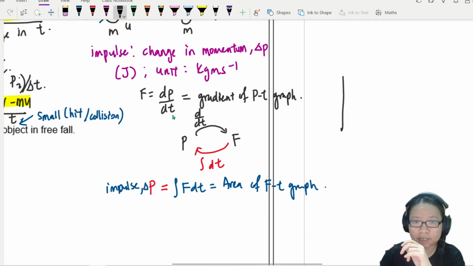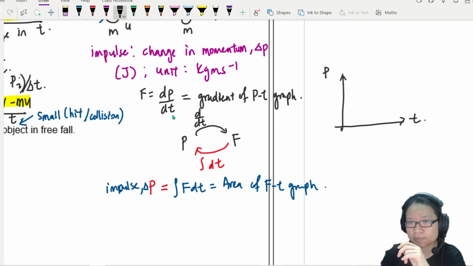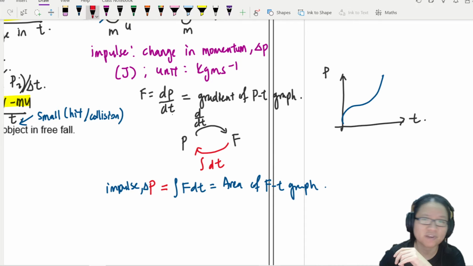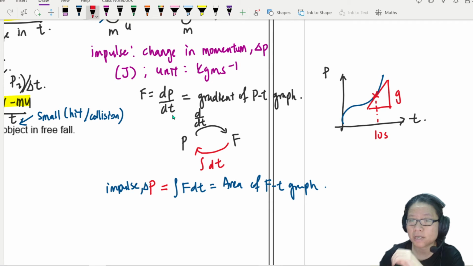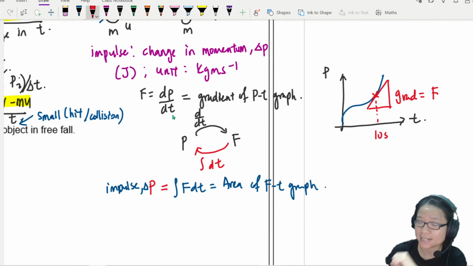So if you have a p-t graph, something like this, the gradient at a given time, let's say 10 seconds, is equal to the force applied on the object at 10 seconds.